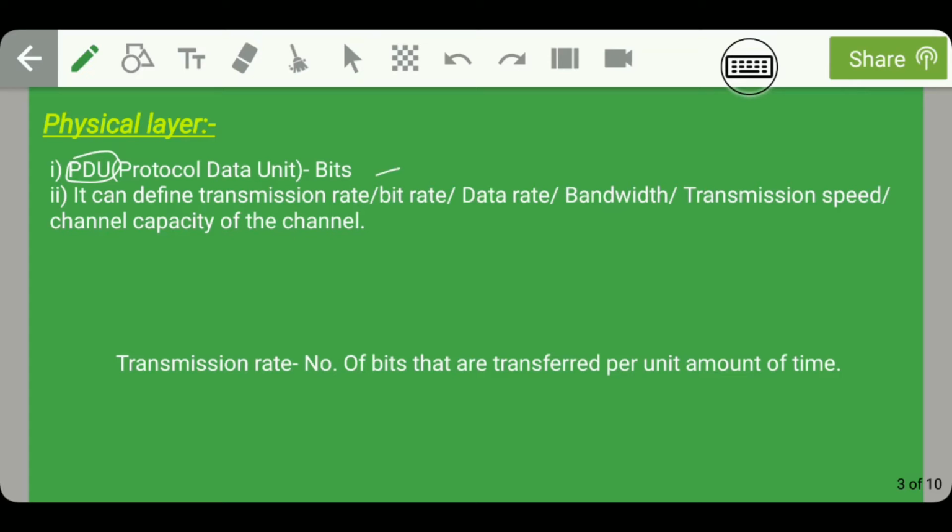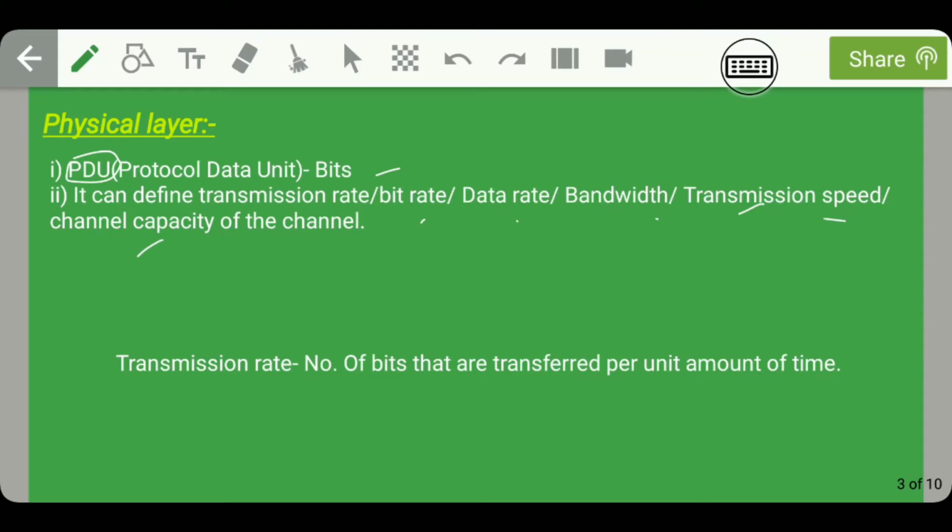Guys, talking about the second feature of the physical layer, the physical layer can define the transmission rate or bit rate or data rate or bandwidth or transmission speed or channel capacity of the channel. All these terms mean the same.